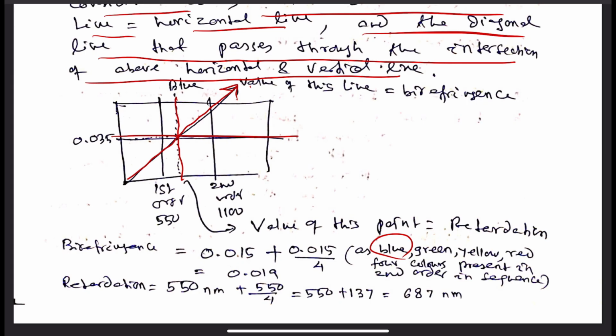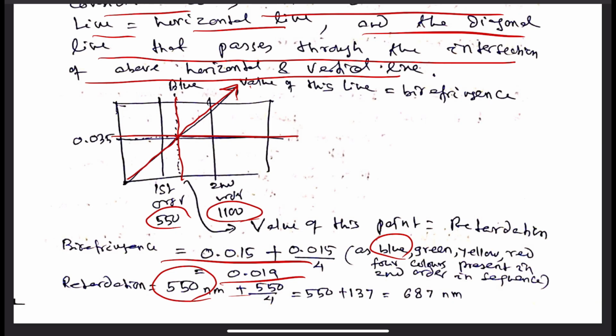If it is yellow, then 0.015 into 3 by 4 would be added. In the same manner, the retardation value is determined. First order ends at 550 nanometers, second order at 1100, so in between this will come.